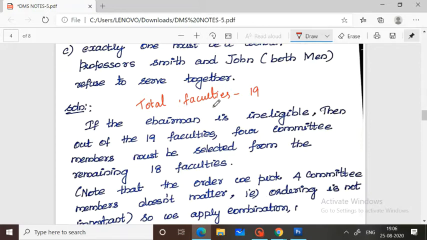If the chairman is ineligible, that means one person is removed, so remaining how many faculties?